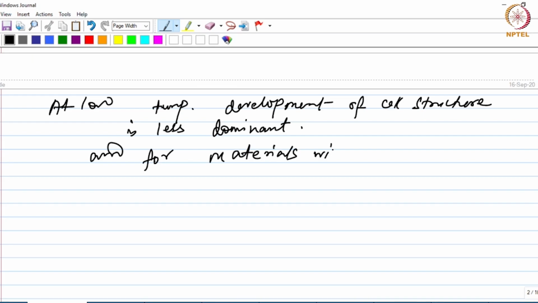Because for such materials, cross slip is difficult. And as you know, cross slip is a process which assists movement of dislocations. So for this kind of cells to form, the dislocations have to come and join the cell walls. And therefore, if there is difficulty in cross slip, the development of such cell structure will be difficult because dislocations will find it difficult to move when the stacking fault energy is low, and as a result it will be difficult for them to come and join such cell walls.